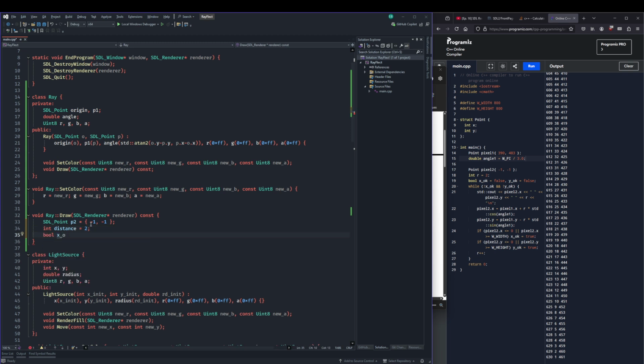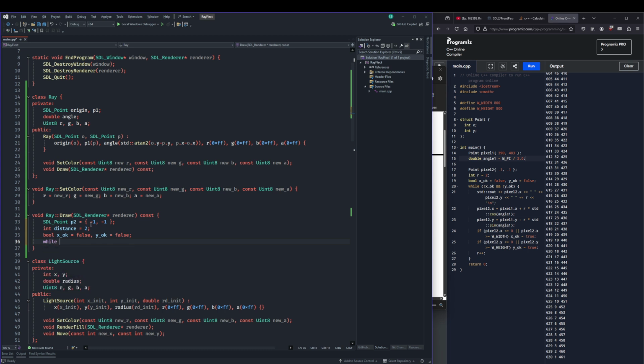booleans. So xok equal to false, and yok equal to false. And to make it more explicit, while xok equal to false and yok equal to false.